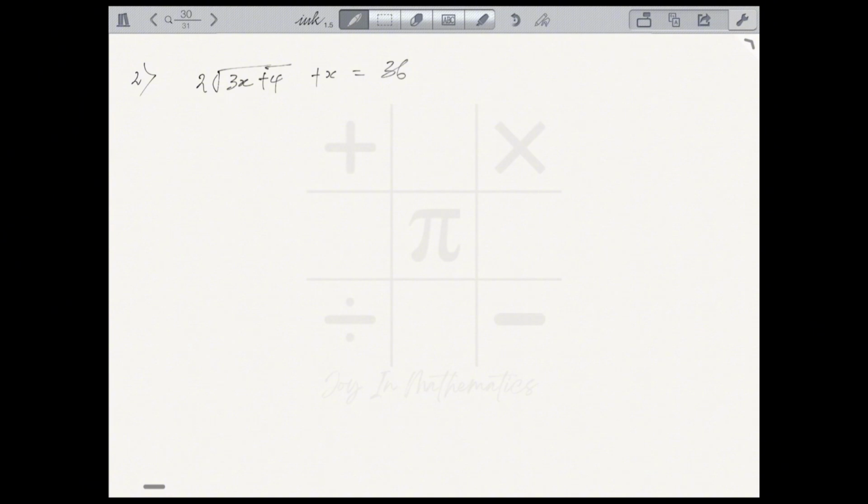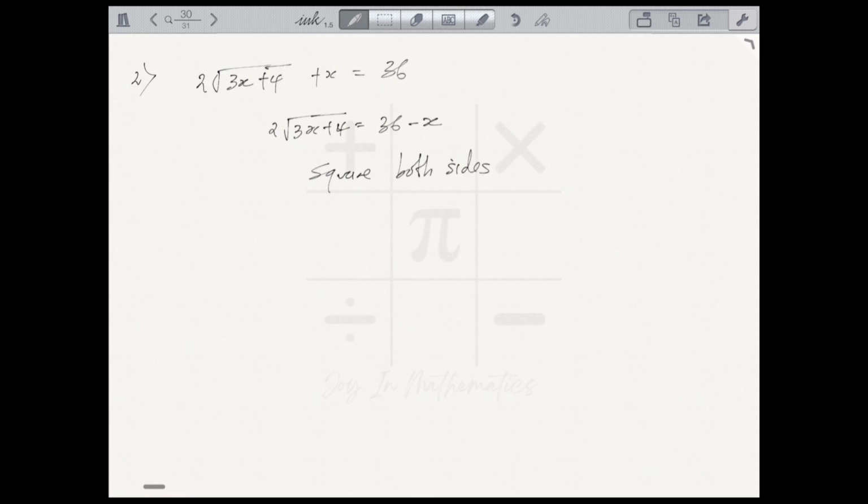But this might seem quite hectic because of this term, 2 square root of 3x plus 4. So we can just move x to the right hand side. This will leave 2 square root of 3x plus 4 is equal to 36 minus x. Now we can square both sides.